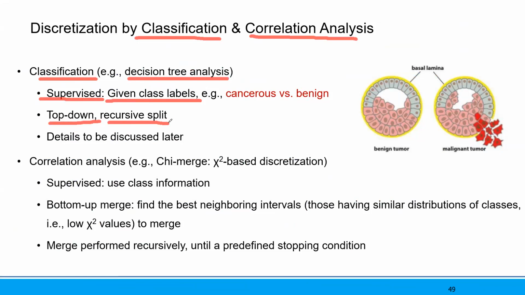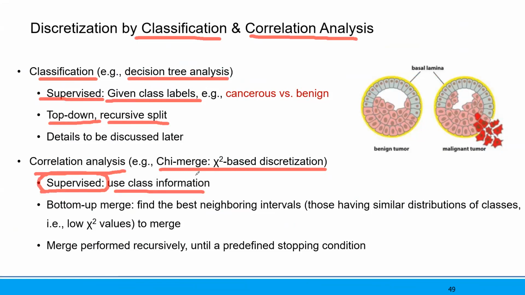The correlation analysis. The correlation analysis, or the chi-merge, or the chi-square based discretization, we can say it is supervised because we will use the class information.